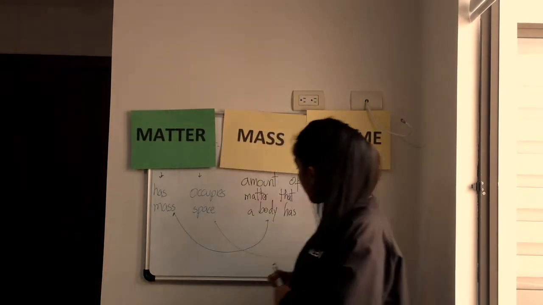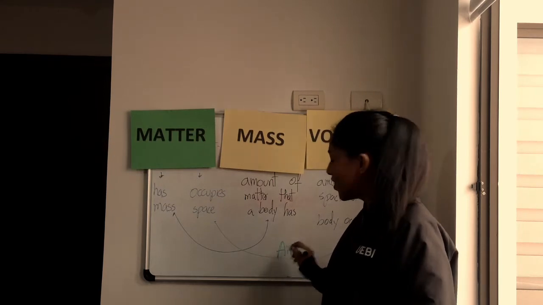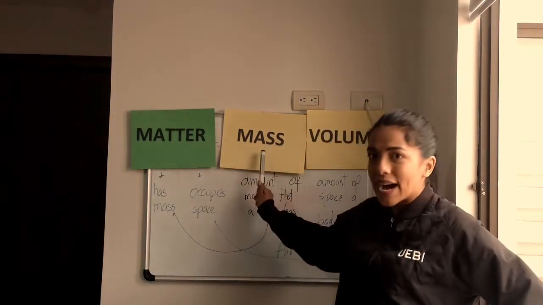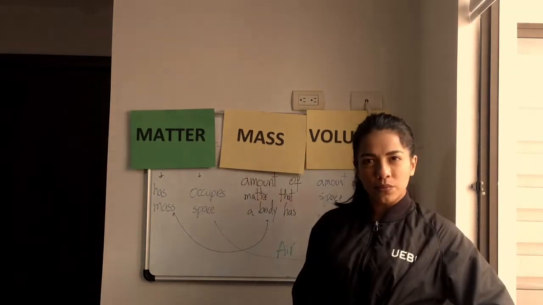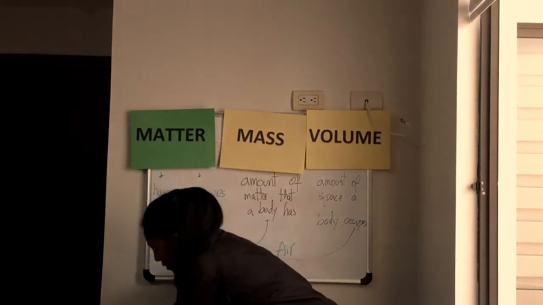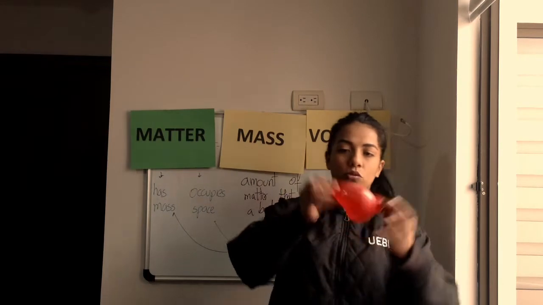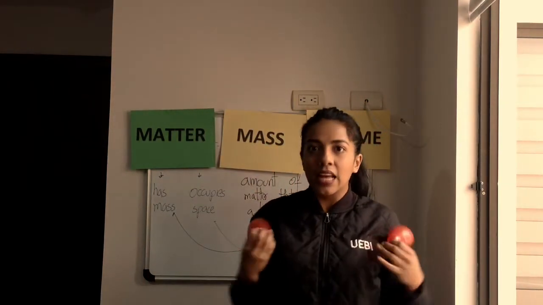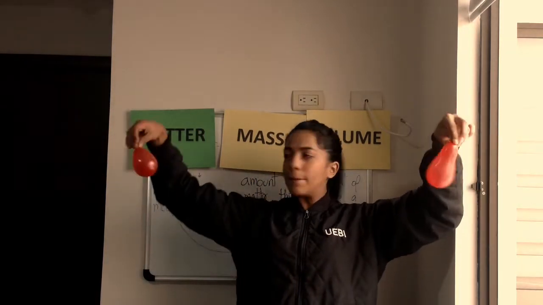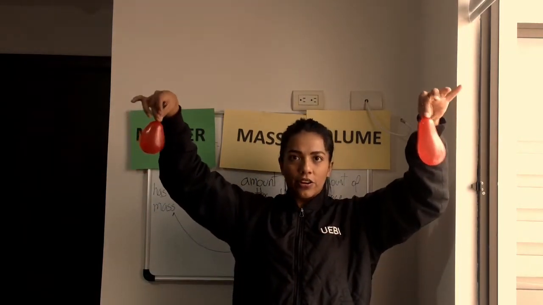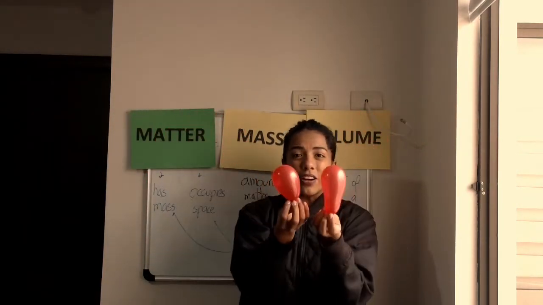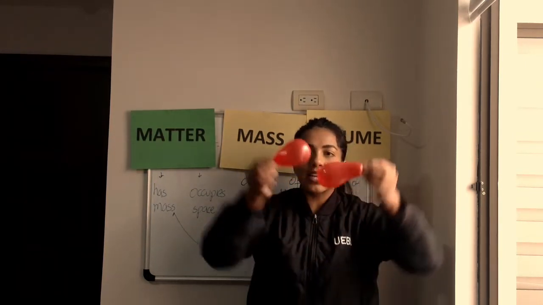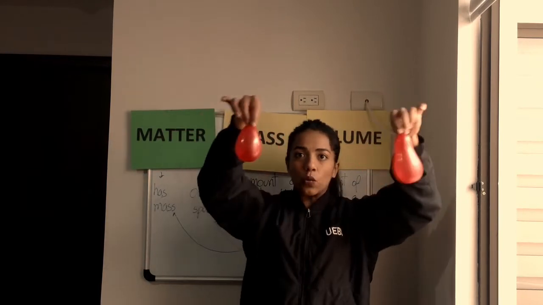Okay, so I have another question that comes to my mind. What do you think about air? Does air have mass and volume? To make an example, I have in here two balloons. Let's imagine I have a scale and my balloons like this. If they are the same size, they are going to be equal.